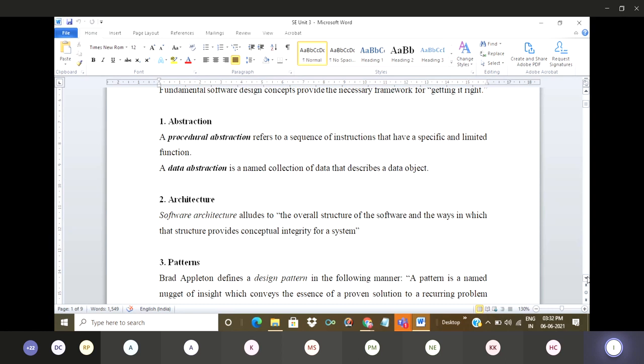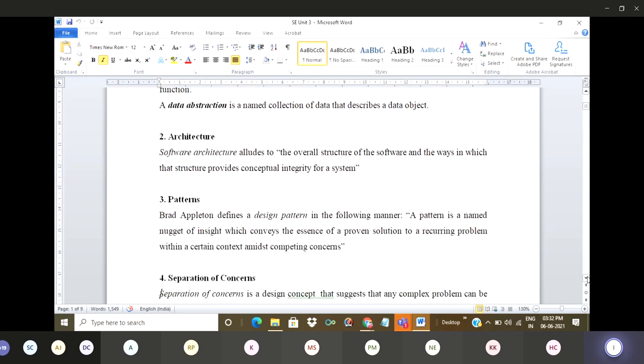Architecture is nothing but the overall structure of the software and the ways in which the structure provides conceptual integrity for a system. The third one is patterns.